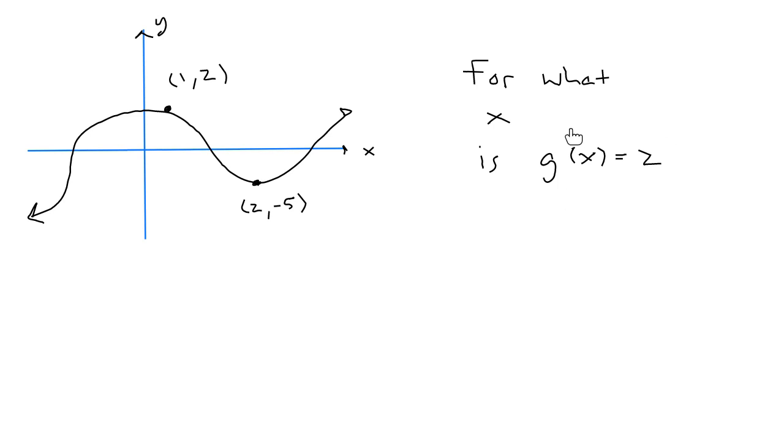And a function is the same thing. It's just not a picture like a graph is. So when we look at function notation, this number is the x and that number is the y, and they get paired together. So this question is saying, what x gets paired with y being 2?